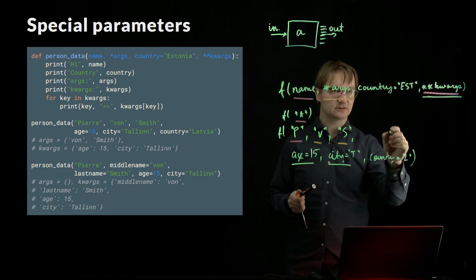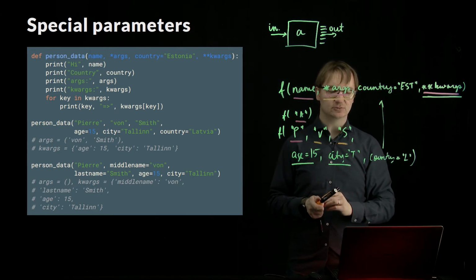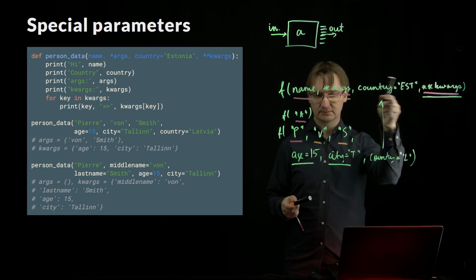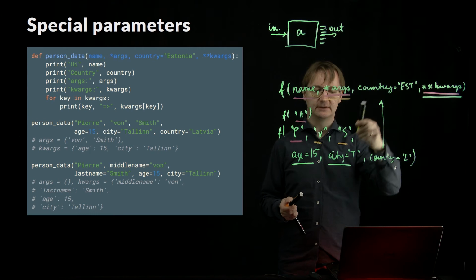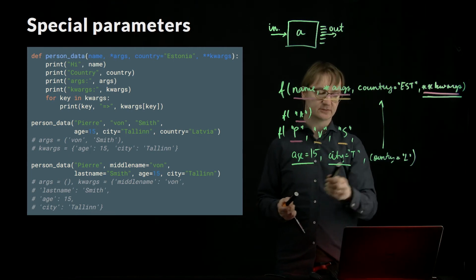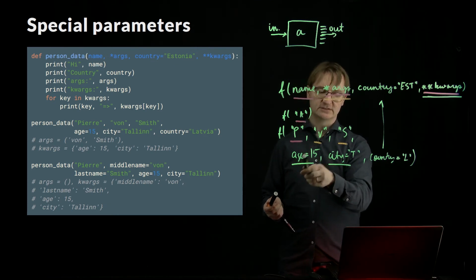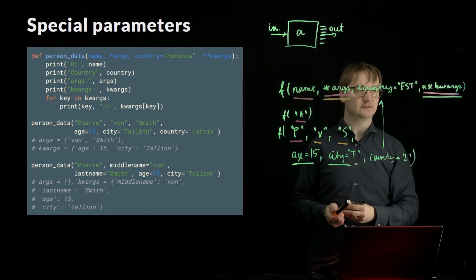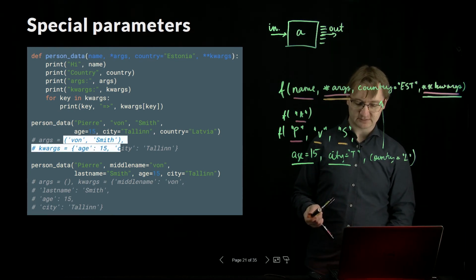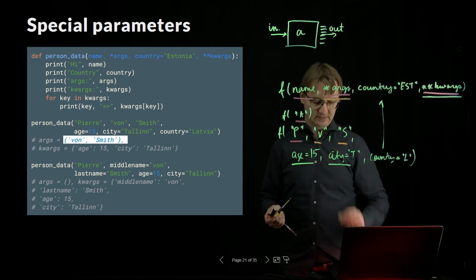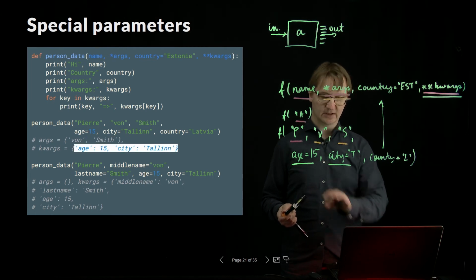Country will not, because we have a specific parameter here. So the specific parameter which the function expects will be passed there, and for everything else the order is not important. So I could have the country as the first one and then age and city. Those age and city will become part of this dictionary. So basically if I would write it out, then the args are v1 and Smith, and the kwargs is a dictionary with age and city.